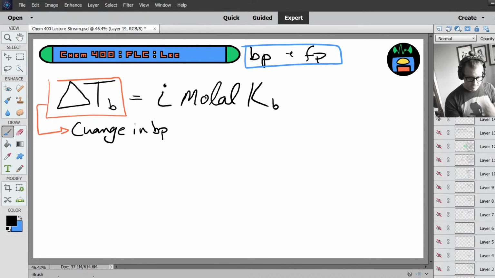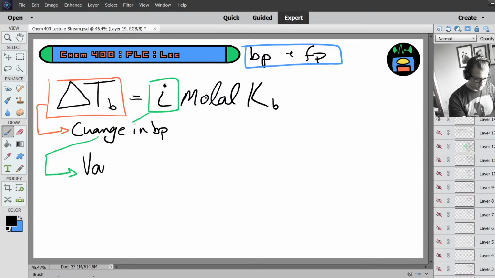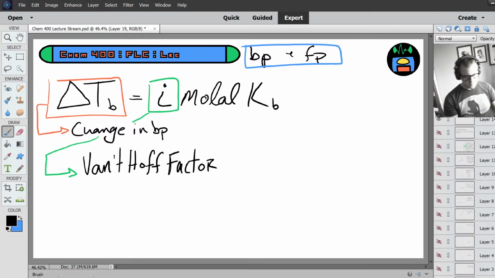i is something called the van 't Hoff factor. Now molal, this is molality.